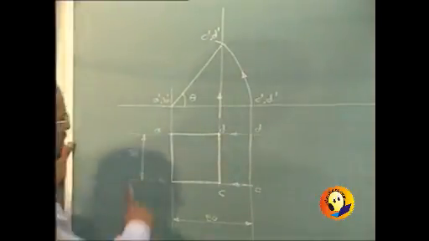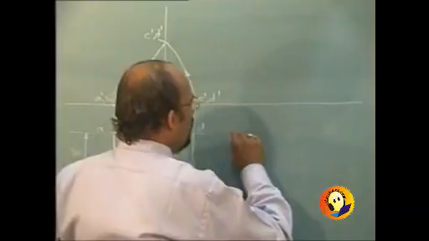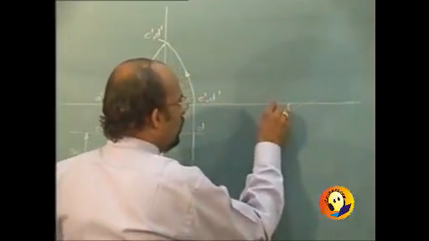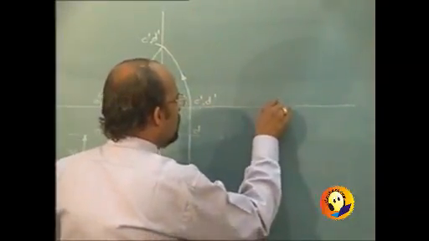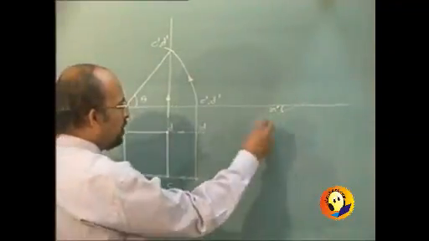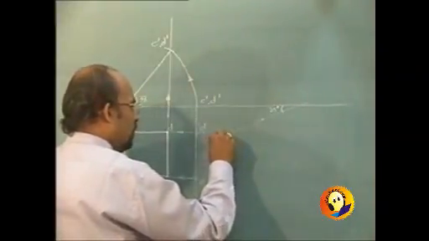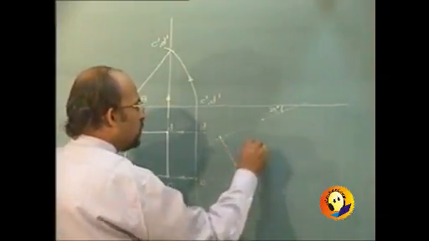Once this is completed, then the rest of the part is easy, because now we are required to draw AB at 35 degrees. So we will draw AB at 35 degrees. Draw perpendiculars and complete the square.